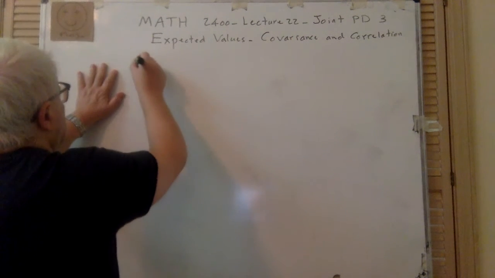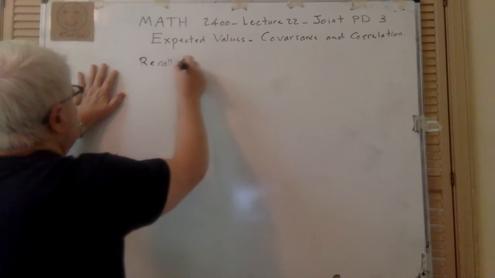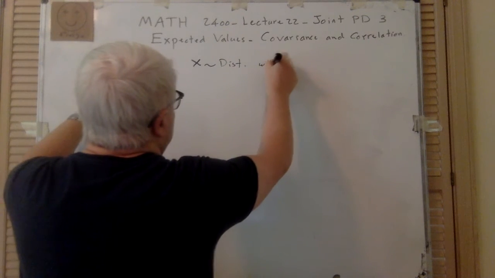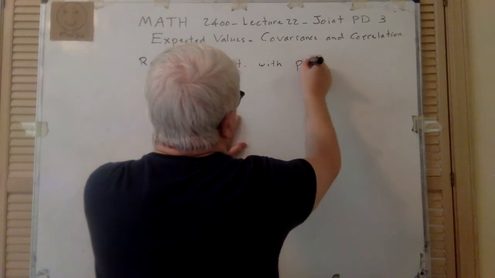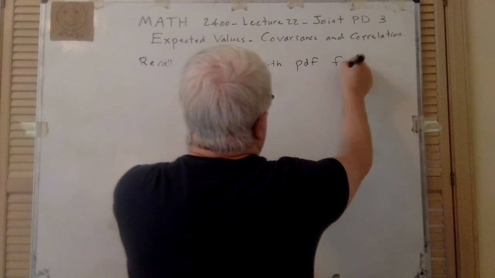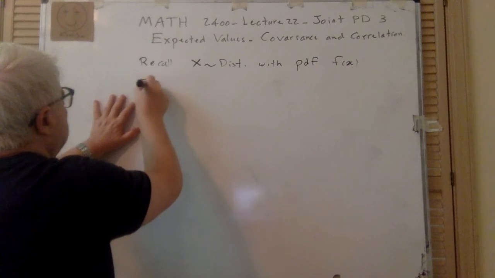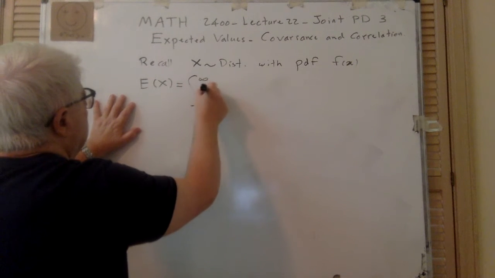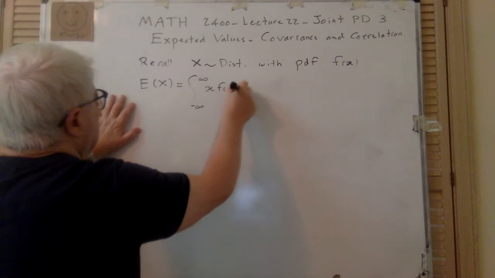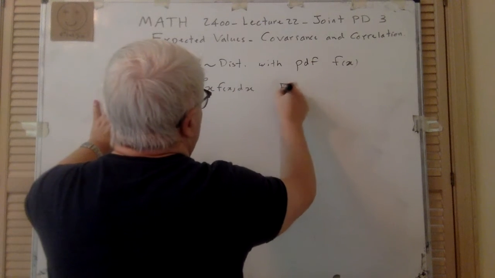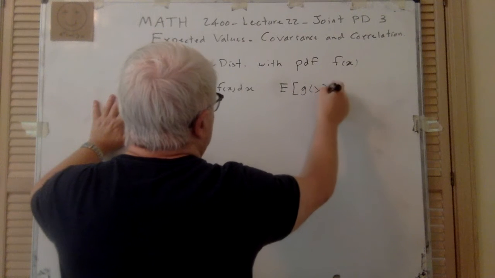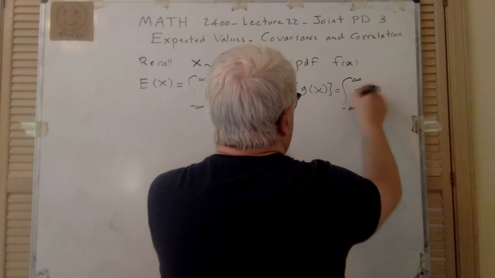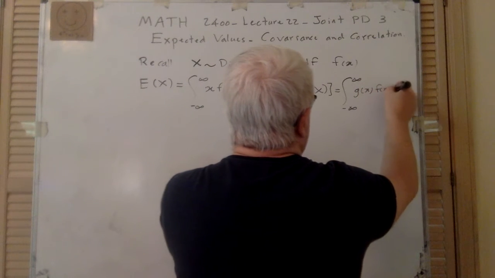So let's recall, if X has some distribution with PDF, say, or PMF, no difference, PDF f_X, then we said the expected value of X was the integral from minus infinity to infinity of x f_X(x) dx, and the expected value of some function of X was simply the integral from minus infinity to infinity of g(x) f_X(x) dx.